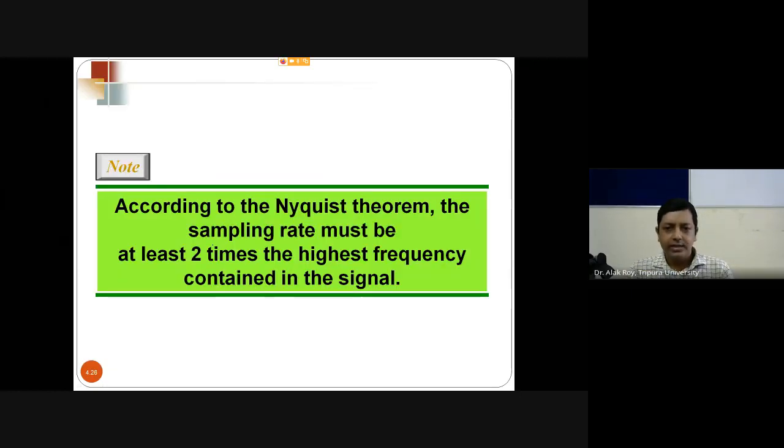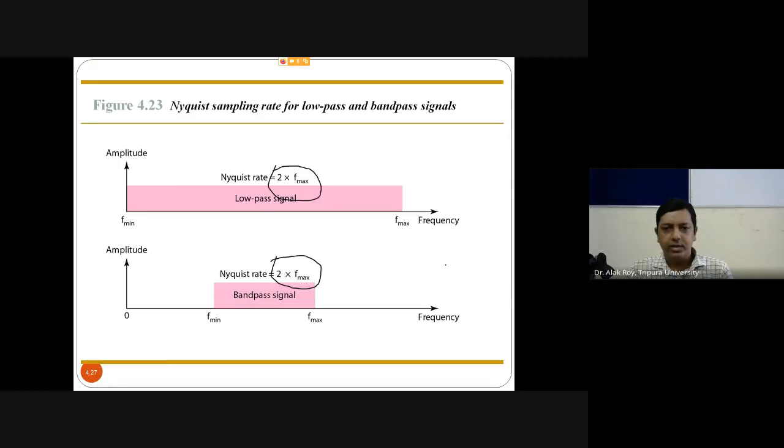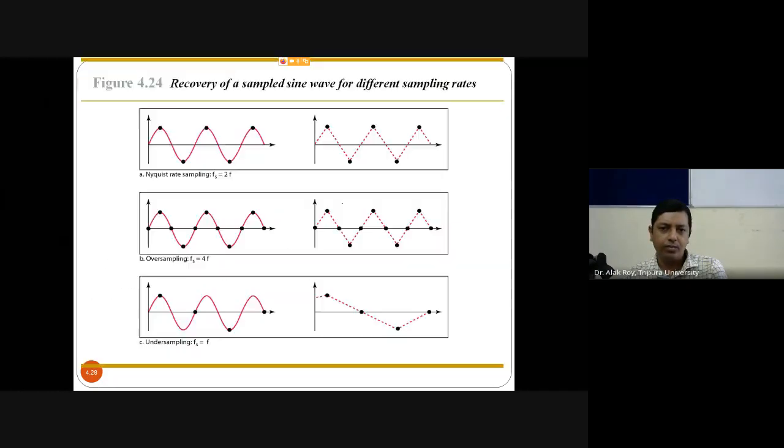So the sampling rate, or Nyquist rate, is 2 times the maximum frequency of the signal. Please don't get confused between the Nyquist sampling rate and the Shannon capacity and Nyquist capacity I showed in another slide. That is different. Here it is the Nyquist rate, which says double the frequency.